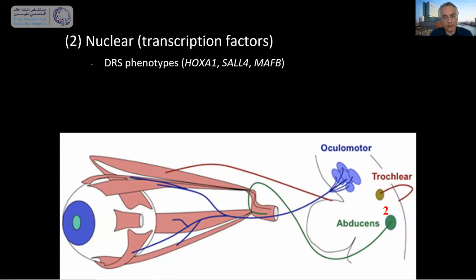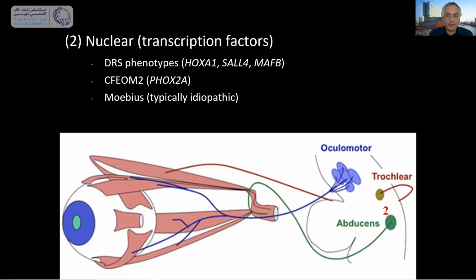Again, most Duane syndrome that we see is not from gene mutation. There's also a form of congenital fibrosis of the extraocular muscle that's due to a nuclear gene mutation, and that's CFEOM3 from FOXA2 mutation. Moebius syndrome, of course, is also a nuclear problem, but typically it's idiopathic. It's very, very rarely from gene mutation.